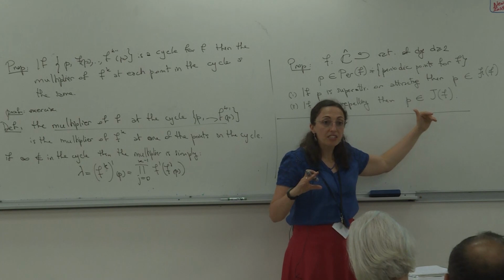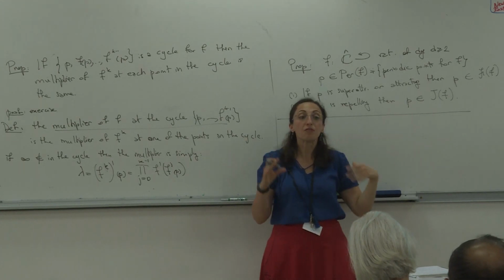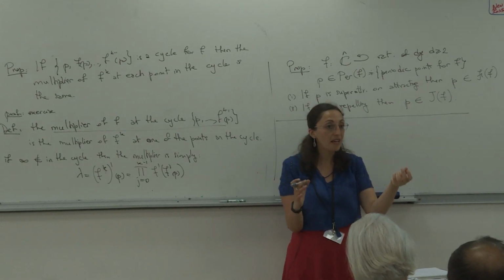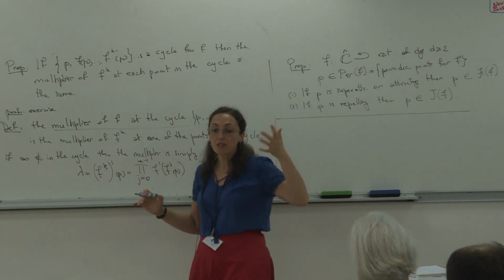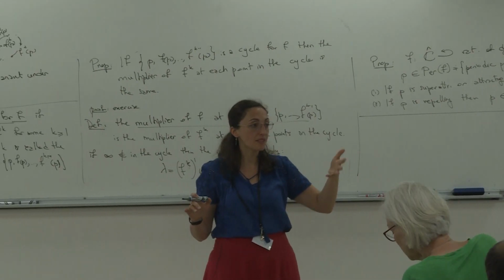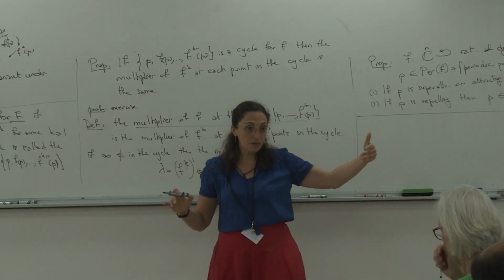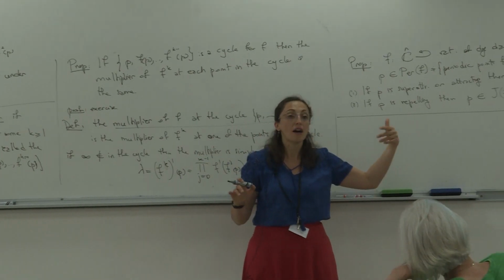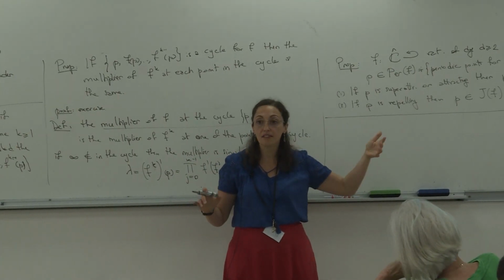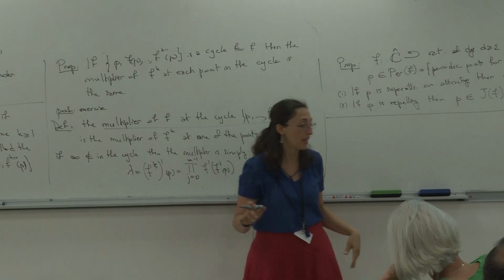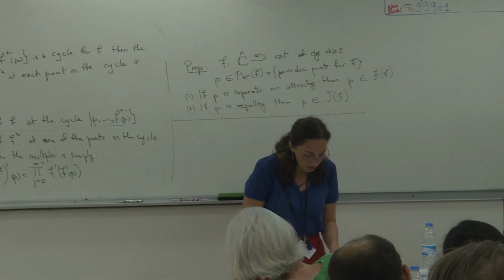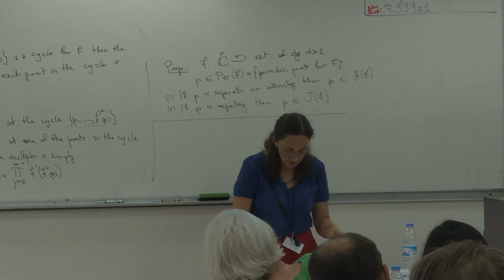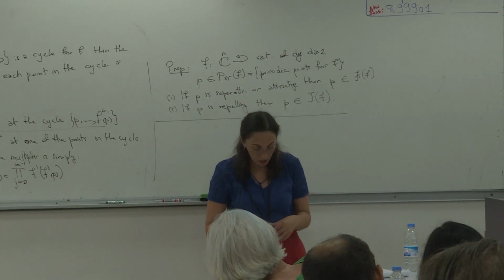For elliptic fixed points, it really depends on the map. Some of those are in the Julia set, and some of those are in the Fatou set, and there is nothing you can do about it.